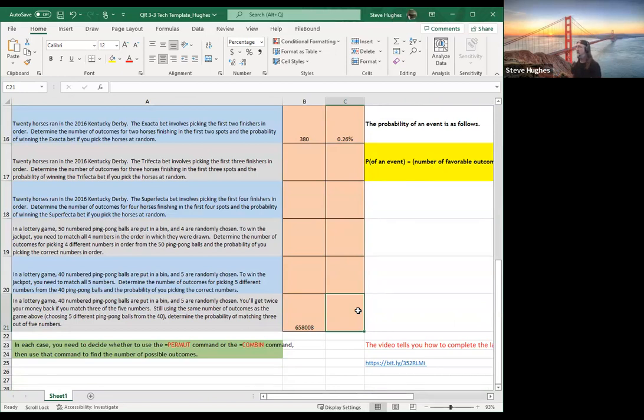I'm trying to match exactly 3 of them, right? So the denominator, again, is just the cell right here. What's that cell? That is B21.